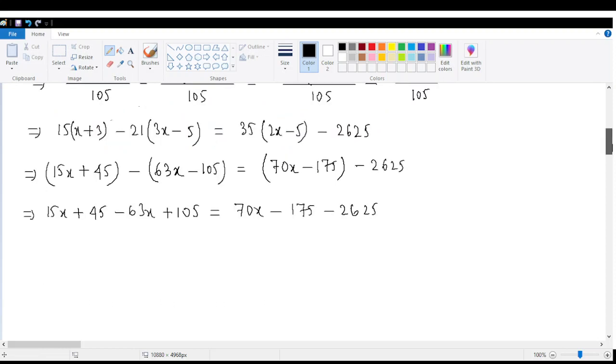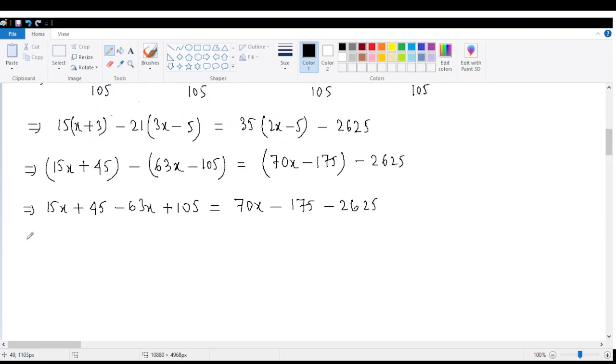Now let us go to the next step. The next step will be to bring the like terms together. That means to bring the variables on one side, isolate them on one side, and take the numbers to the other side. So we have got 15x minus 63x minus 70x. 70x was on the right side, it was positive, comes on the left, becomes negative.